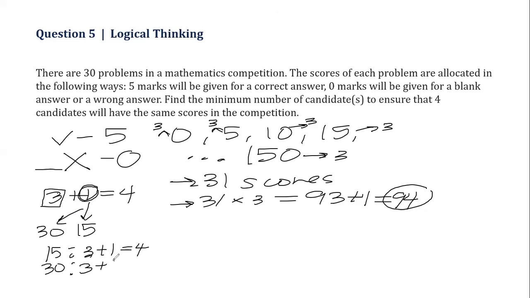So if we add 1 more, there are now 4 students that got a score of 30. So whatever the score of the last student, we can make sure that there are 4 people that got the same score. Does that answer your question?